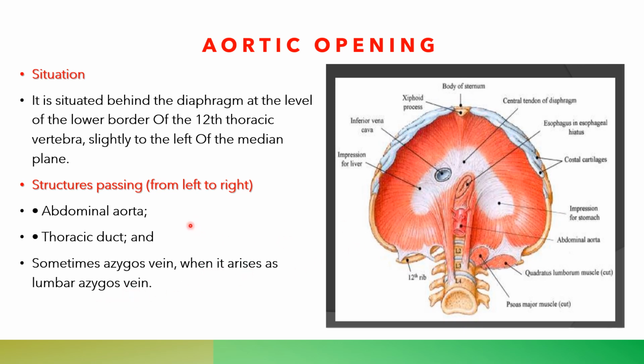So these are the structures passing through the aortic opening of the diaphragm from left to right. We have the abdominal aorta, the thoracic duct, and sometimes azygous vein when it arises as the lumbar azygous vein. So this is about the aortic opening of the diaphragm.